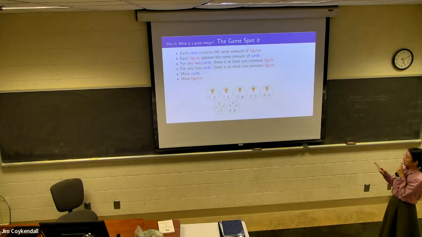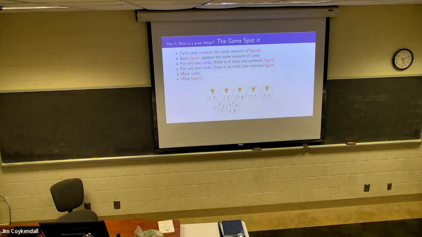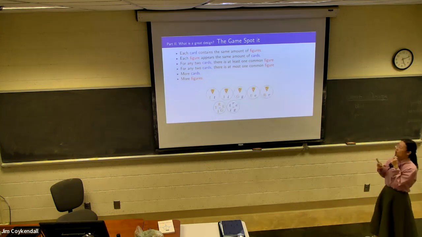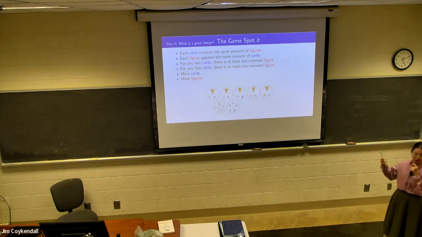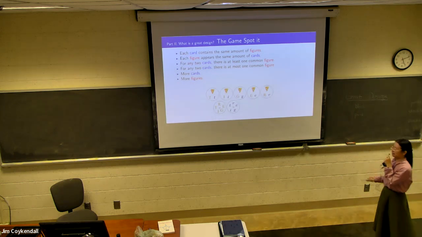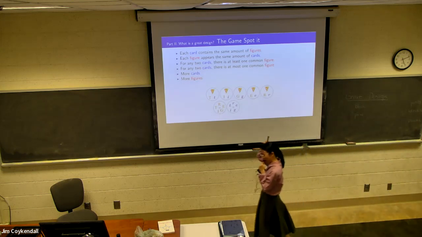The next one is actually necessary because that is how to play the game: for any two cards, there is at least one common figure. And some of you have already mentioned that there should be another rule: for any two cards, there is at most one common figure. You can't get two common figures, as that would make the game unfair.